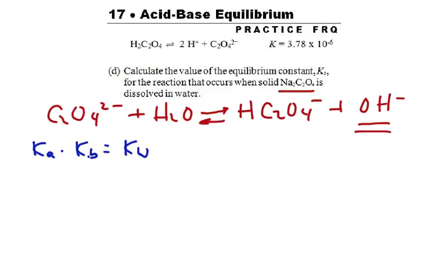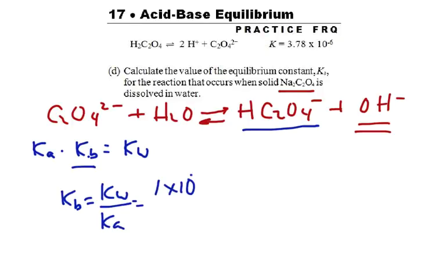But in this case, we can see what's happening here. We are talking about HC2O4 minus, so we're really talking about the second dissociation of the oxalic acid, not the first one. So if we want to figure out what Kb is, we're going to say Kb equals Kw divided by Ka, and we know that Kw is 1 times 10 to the negative 14, but the Ka we want is the Ka after we lost one of the protons, when we're losing that second proton.